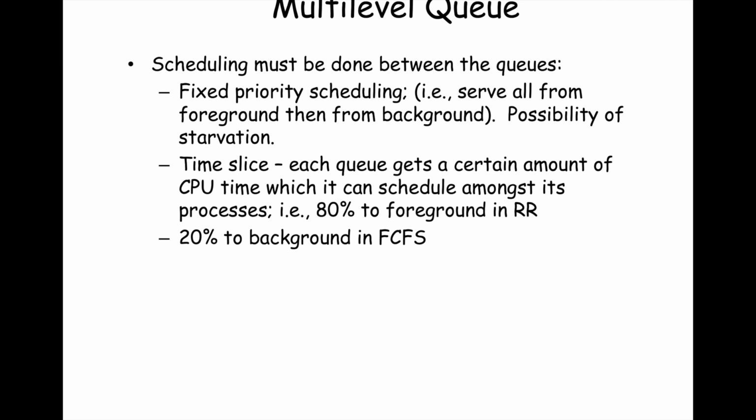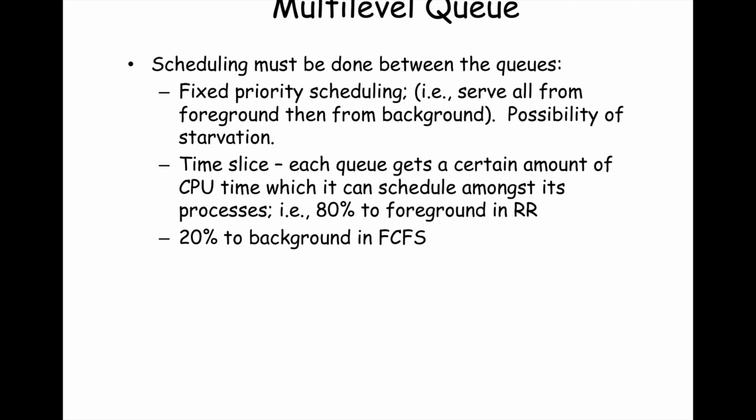You could also slice up time and do something like, well, 80% of the time, the scheduler is going to pick something from the foreground queue, and the remaining 20% of the time, it's going to pick a process from the background queue. Either way works, and it's a way of giving a scheduling profile, if you will, to processes that need it.